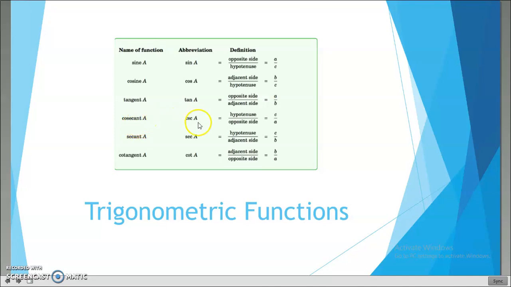Cosecant is the inverse of sine, so it is hypotenuse over opposite. Secant is the inverse of cosine, so it's hypotenuse over adjacent. And cotangent is the inverse of tangent, so it's adjacent over opposite.